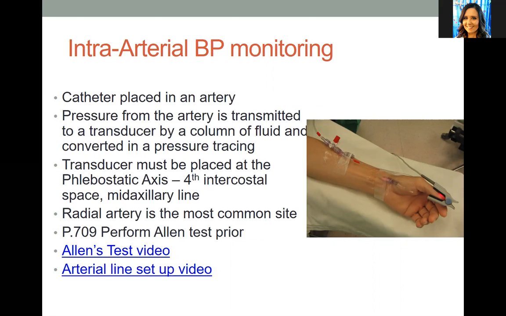We can place them in any artery, like a radial artery is usually your most common, which is in the picture there. Maybe femoral, axillary, or even ulnar. When you did your NICU rotation, you might have seen umbilical lines, and those are directly placed in an artery. But the pressure from the artery is transmitted to a transducer by some fluid, does its magic, and converts pressure into a tracing that we see on our monitors.